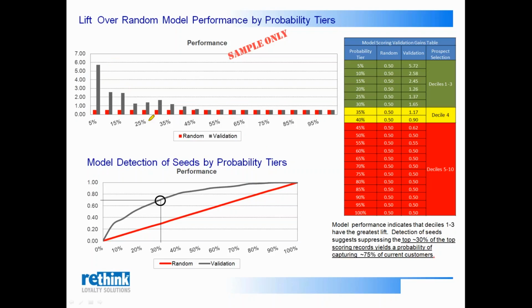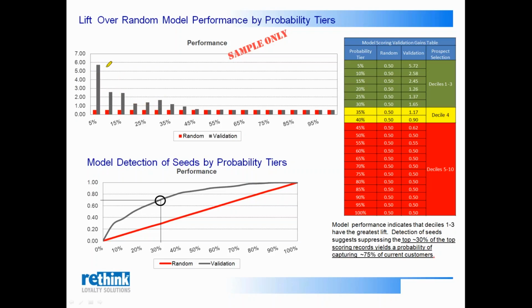Then to measure the magnitude of the model, or its effectiveness in helping us to cherry pick low-hanging fruit prospects that are most likely to become new customers of Pacific Park Animal Hospital, we look to see how much taller each of these gray bars is in comparison to its corresponding red bar.